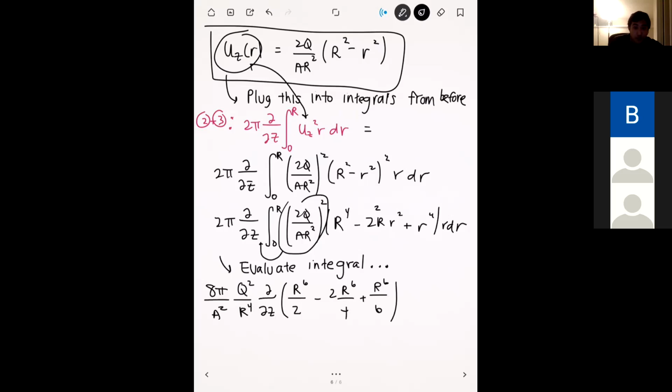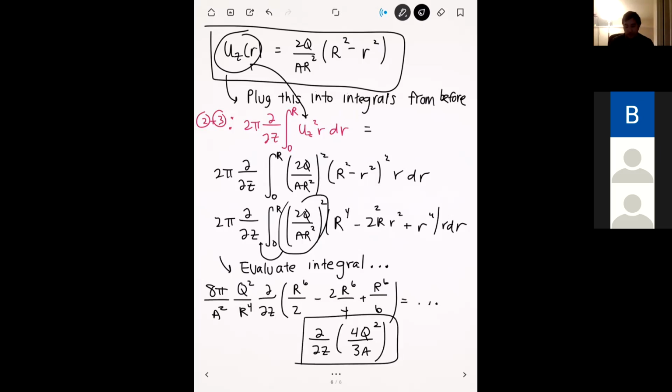Then we add all those terms together and combine them as one, and we end up with something fairly simple: partial z of 4q squared over 3a, and that's it.